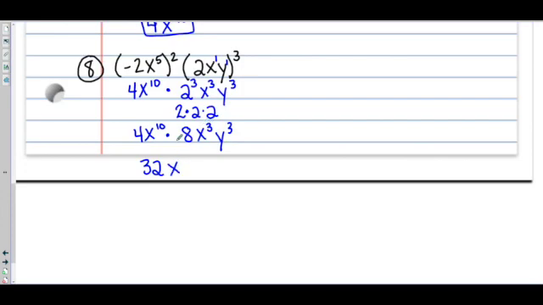So you end up with x to the 13th power. And then y to the 3rd, there's no other variables that match it to multiply with. So it's on its own, bring it down. And this is it. We evaluated it. It's simplified.